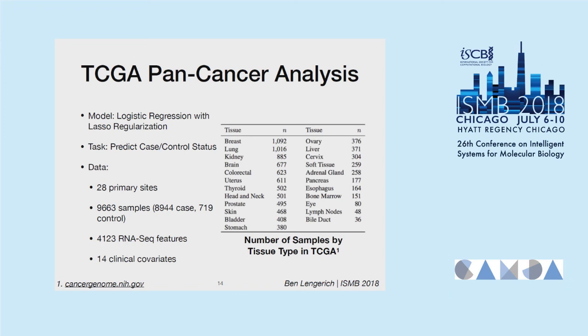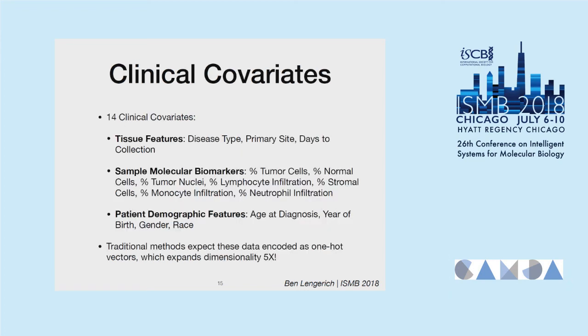Our data comes from 28 different primary sites, about 10,000 samples. We have 4,000 RNA-Seq features and 14 clinical covariates. The clinical covariates include tissue features, sample molecular biomarkers, patient demographic features. And one of the nice things, again, is that since we are operating directly on pairwise distances, we don't really care what the form of these covariates are.